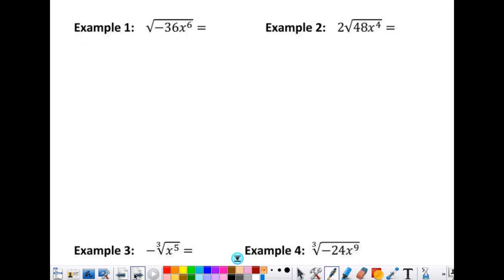Okay, so here there's not a root sign, so we're going to try to find the square root. So what you do is give everybody their own radical sign.